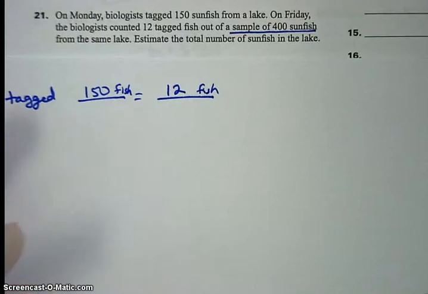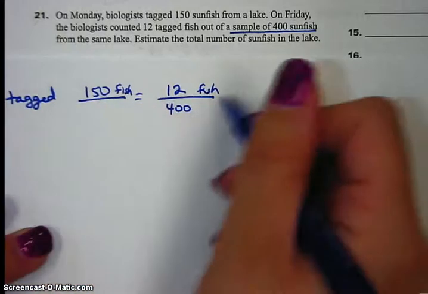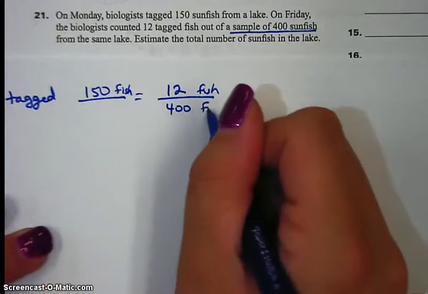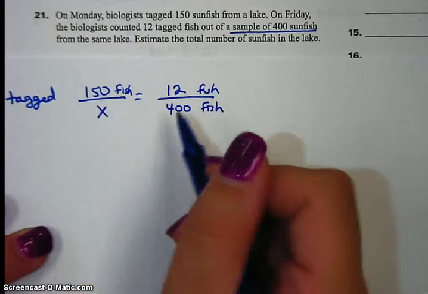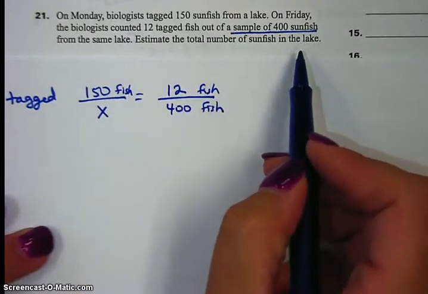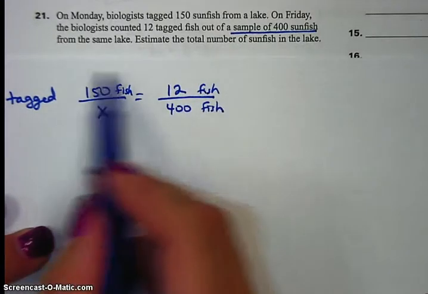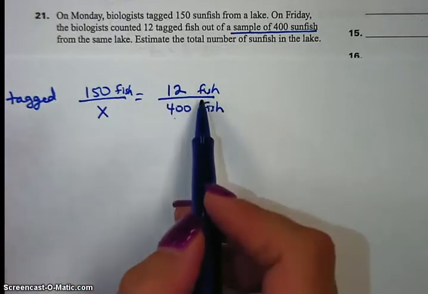Now, we don't know how many fish are in the lake, probably more than 400. So 12 were out of the 400 in the sample. I don't know how many total fish are in the lake. That's what I'm trying to find. I'm trying to estimate the total number of fish in the lake. So he tagged 150. When he pulled out 400, only 12 were tagged.